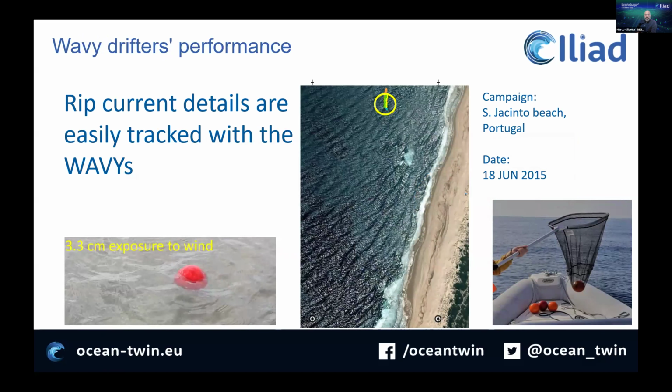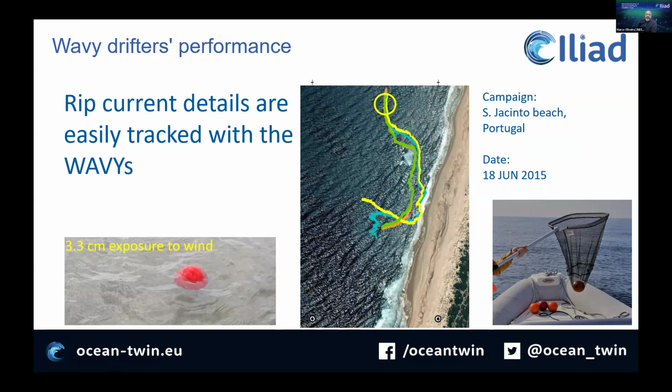This is just to show you the capabilities of the Wavy drifter, the littoral ones. They have a small exposure to wind, so they drift with the currents. They are easy to collect also. You can do it with a net or a small net. It's the best way that we found to catch them. As you can see in the animation, they drift with the currents.